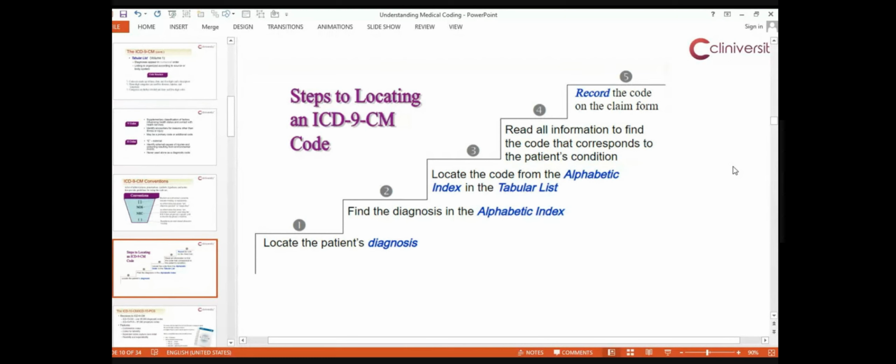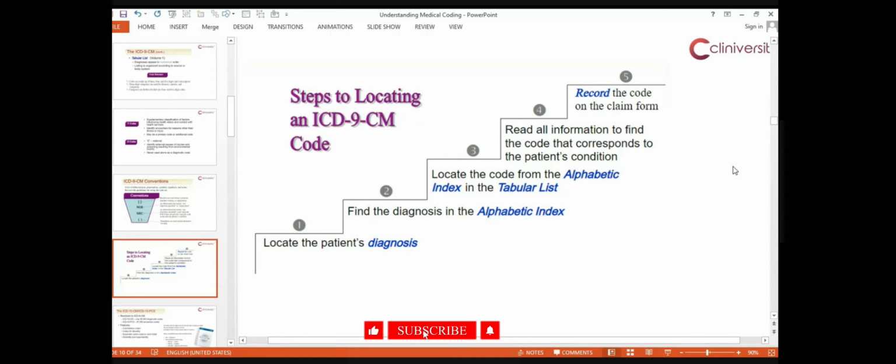Then how will you find the code? So, the steps to locating an ICD-9-CM code. First, you should locate the patient's diagnosis. A medical coder will look into the whole patient's medical report and locate what all the patient's diagnoses are as per the provider. Find the diagnosis in the alphabetic index. Whatever diagnosis they have located, they will cross-check that term in the dictionary and find it in the alphabetic index.